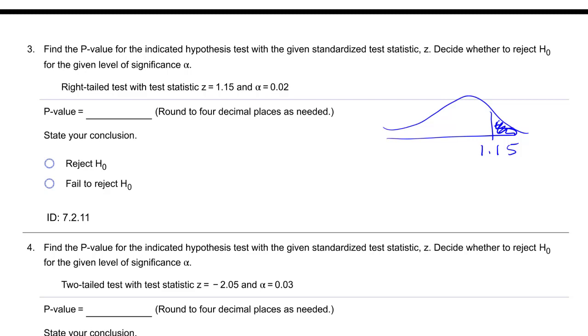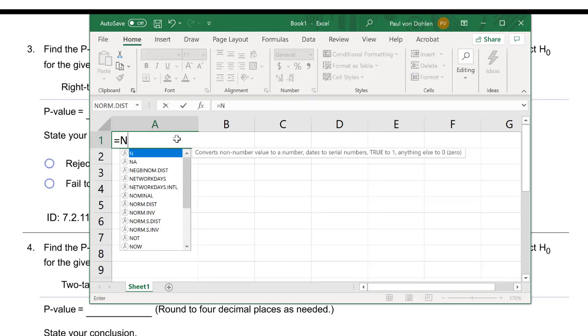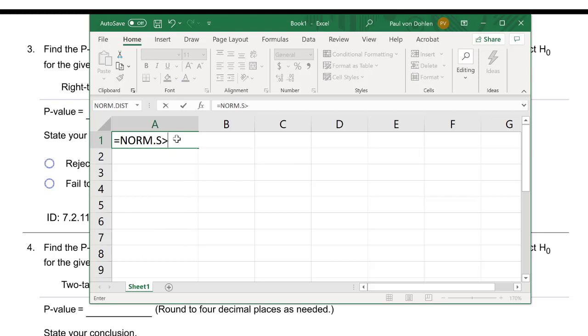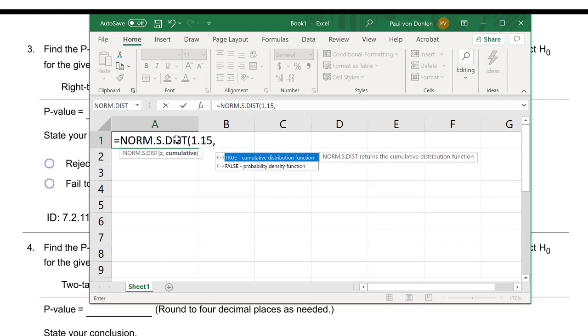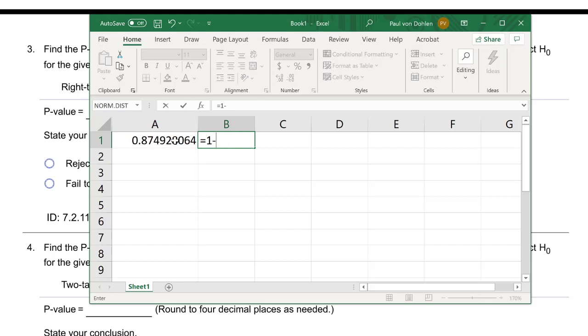Okay, so 1.15. If I did this as equals NORM.S.DIST of 1.15 comma true, that's the area to the left. I want to do equals 1 minus that, and that's going to give me my area to the right of 0.1251.